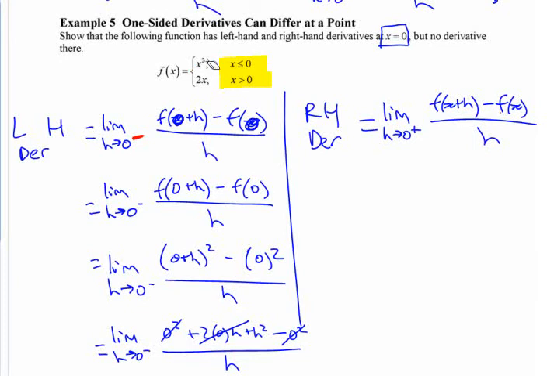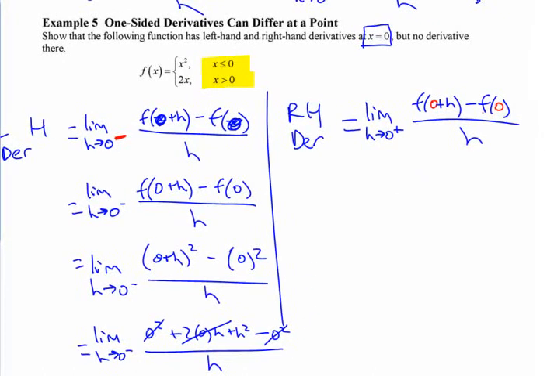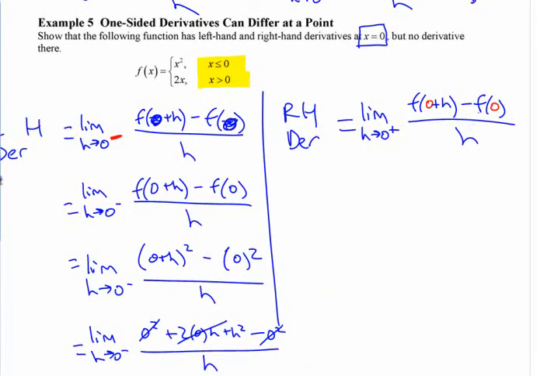On the other side, though, you have to think about what function applies here. Let's put the right numbers in here first so we can see what we're looking at. We have 0 plus h and 0. But we're on the right side now, right? This time you're on the right side. So h is a positive number. Which function applies here when you're on the right side of 0?